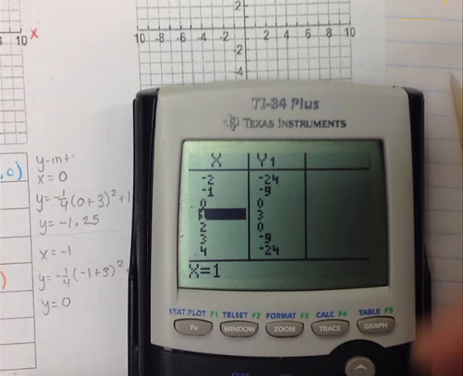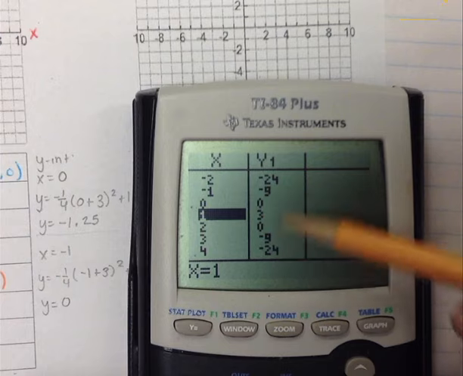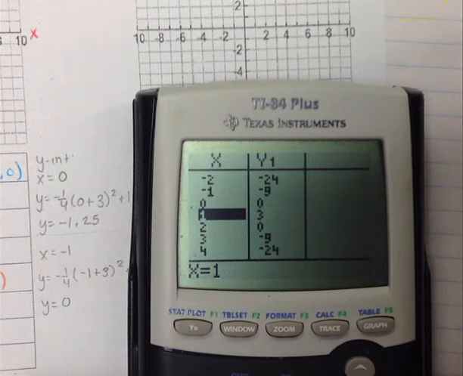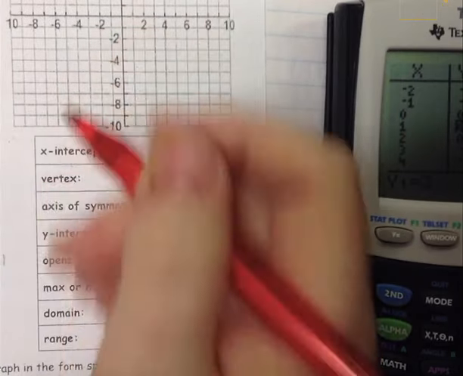So you can see that the vertex, this number, is in the middle of these coordinates. These are all repeating. The y values are repeating. That automatically tells you that that is, in fact, your vertex. So our vertex is at 1, 3.